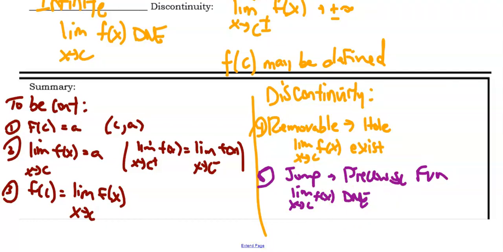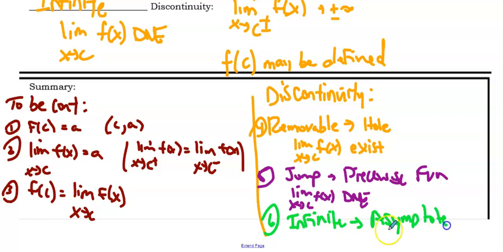And then finally, number 6 is going to be infinite, and that's going to have an asymptote, and the limit will also not exist. I'm running out of room here, I apologize. And again, this is where one of the two, if not both, limits are going to approach infinity.